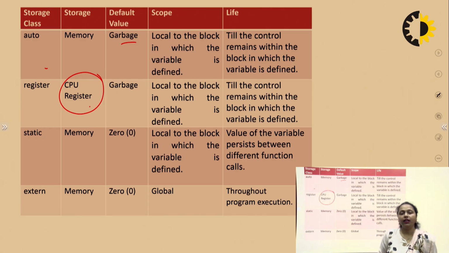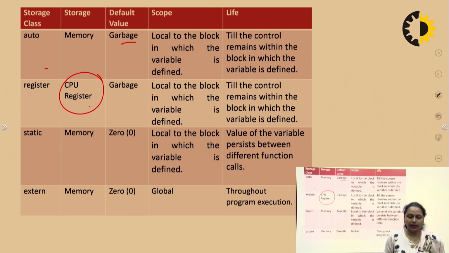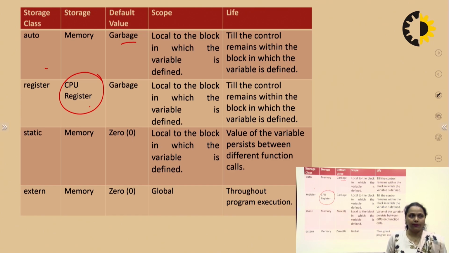But if in any case CPU registers are not available, as we have very limited CPU registers within the system, or for any data type mismatch we are not able to store the data in CPU registers, then it will automatically get stored in RAM. So first of all, it will look for the CPU registers. If they are not available, in that case the data will get stored in memory.